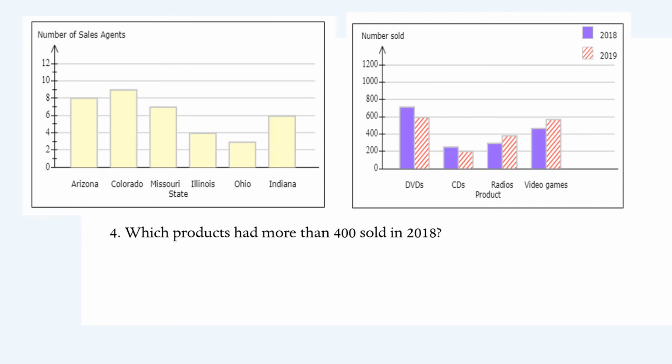Now we're asked which products had more than 400 sold in 2018. So we're looking at our purple bar, and we want to know which products sold more than 400.